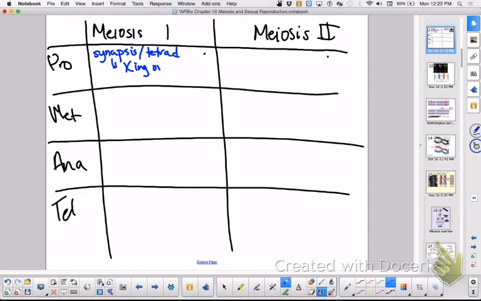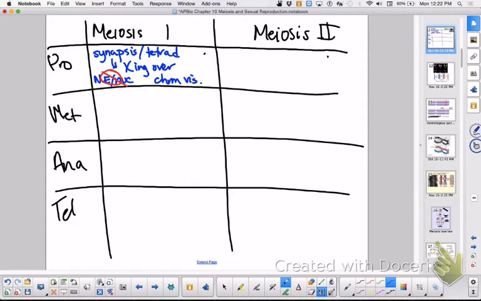And what's good about that? Yeah, variations. Also, what else happens? The nuclear envelope. Yeah, the nuclear envelope and what else? The nucleolus goes away, and then we start to see the what? Chromosomes become visible. That part stays the same, right?